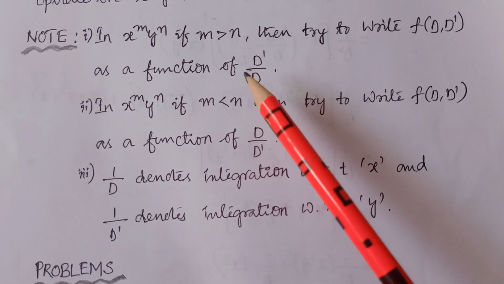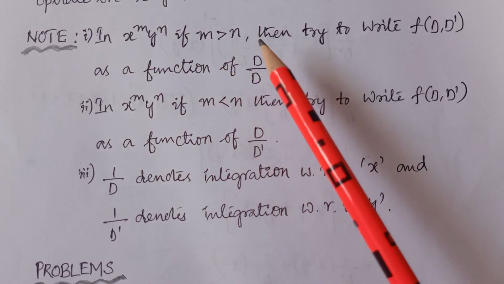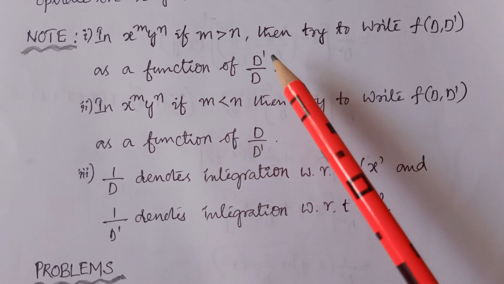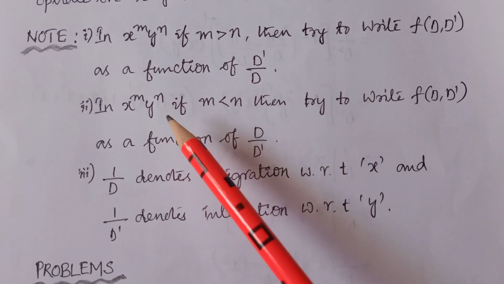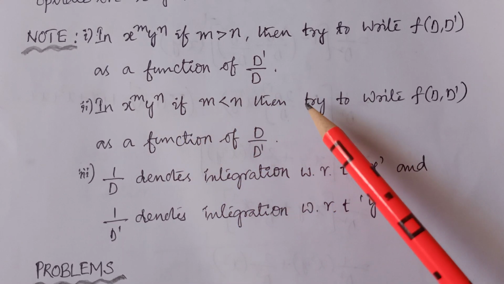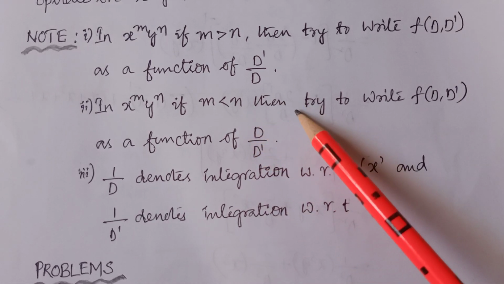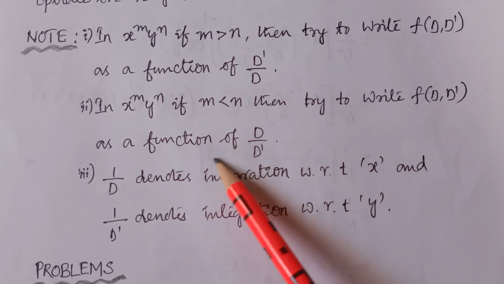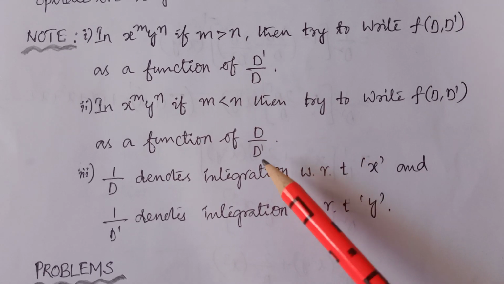So remember these two important points: if m is greater than n, write f as a function of D dash by D; if m is less than n, write it as a function of D by D dash.